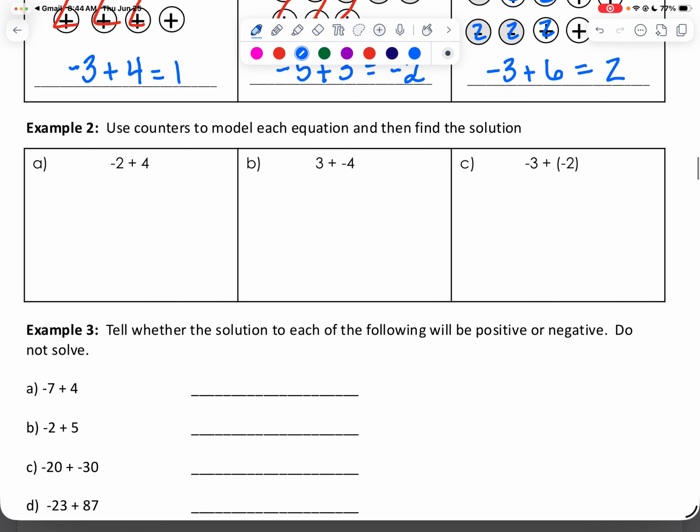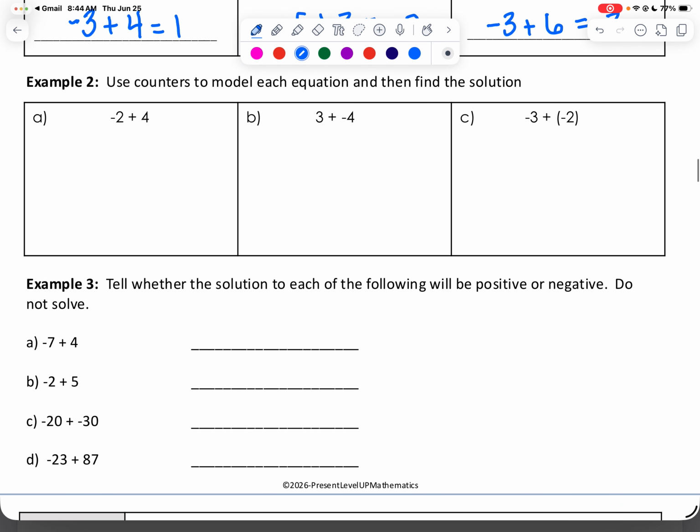Example 2. Use counters to model each equation and then find the solution. We have -2 plus 4. What we want to do is draw this out. We have 2 negative counters, so I'm going to draw 2 negative counters. And then we have 1, 2, 3, 4 positive counters.